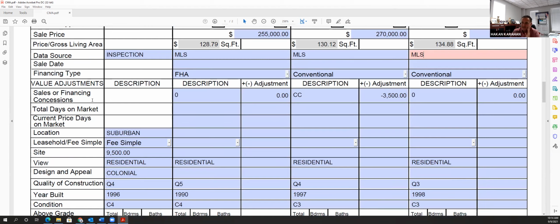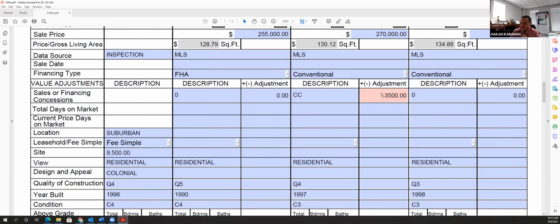So here, sales or financing concession: if there was any closing cost paid by the sellers, you make up the difference. Nowadays you can see buyers are given closing costs by the sellers. It happened to me several times recently.